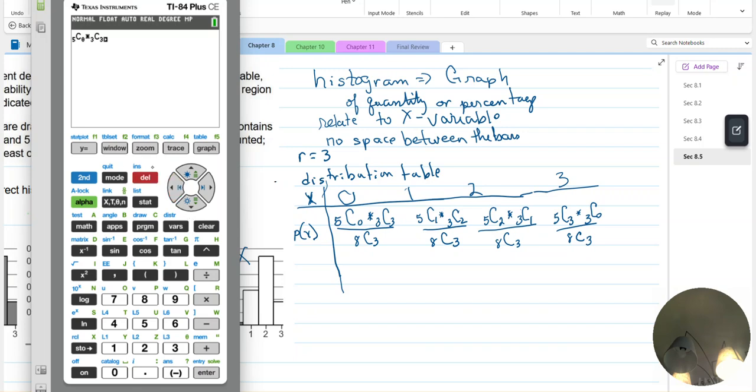Yep, you got it. Side arrow, divided by 8, math, PRB, choose 3, and enter. So we have, in percent, a very small amount, 0.02.